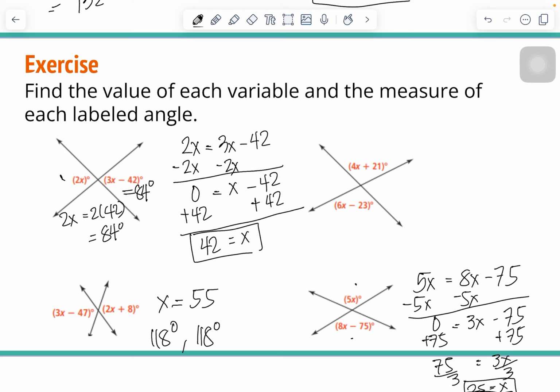And this 4x plus 21, that will give you x is equal to 22, and both degrees has 109 degrees, right?